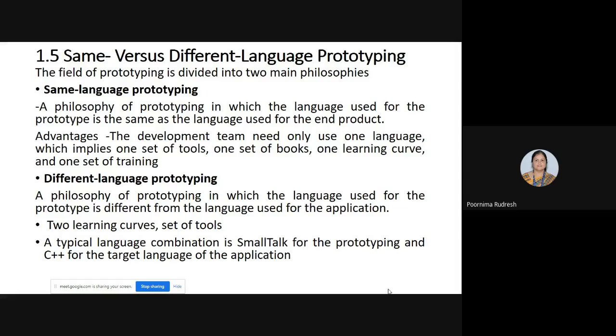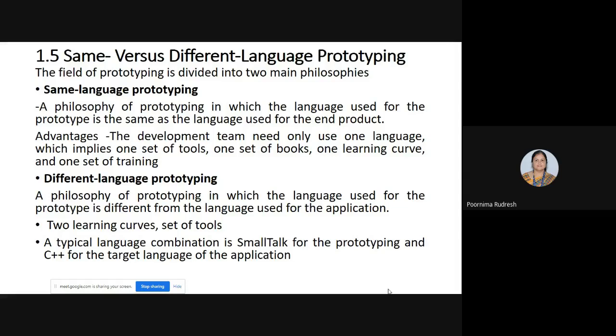for developing the prototype and for implementation, what happens when they are using the language for the implementation is that different developers may use different languages. For example, two members may use C++ for implementing the product, and two members may use Smalltalk or other pure object oriented languages.